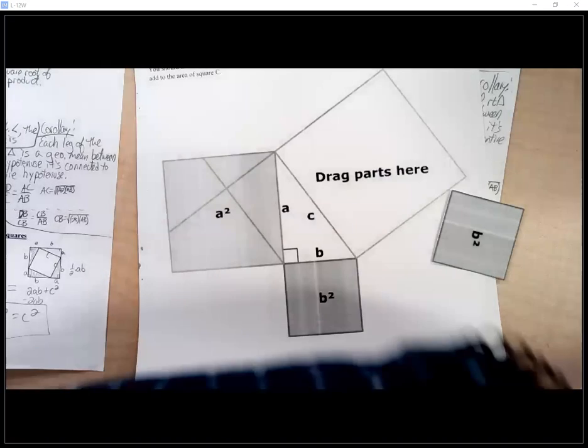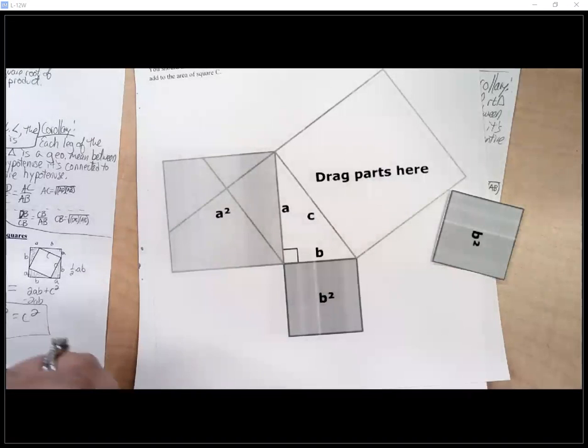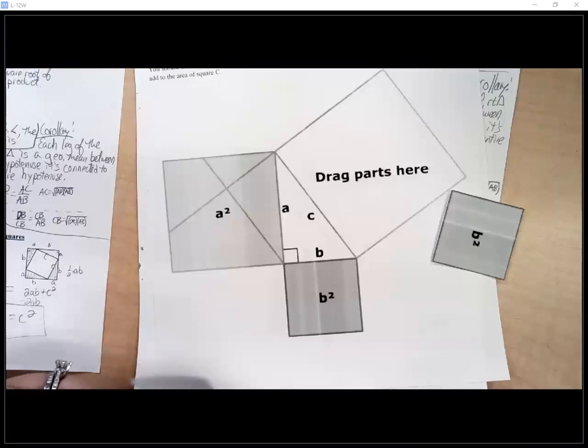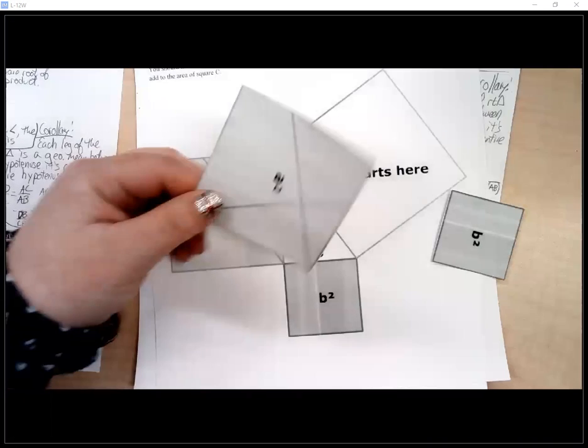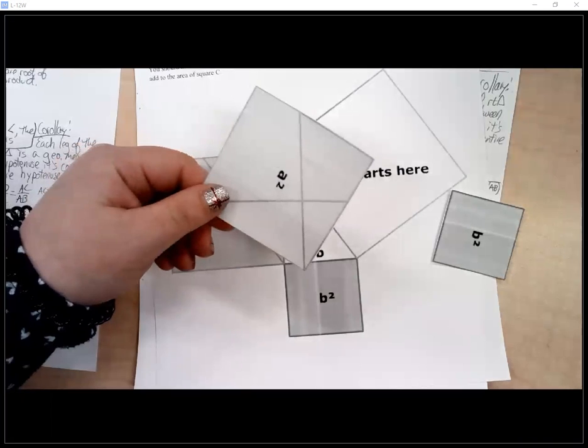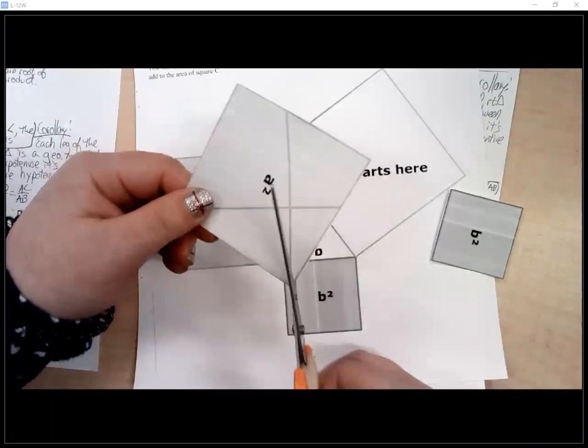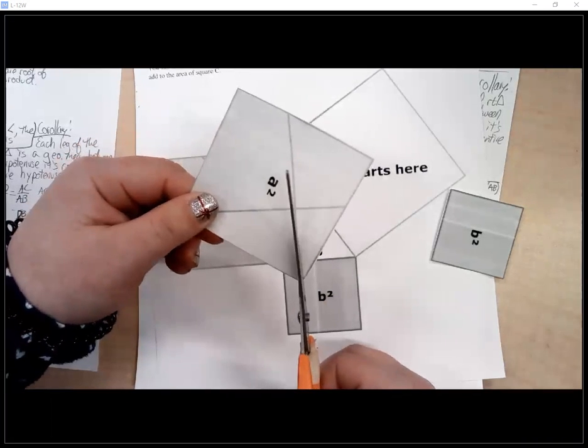Again, try and cut as accurately as possible. When you cut out that a squared, you are going to go ahead and cut along those two diagonals. So a squared ends up being 4 smaller pieces.